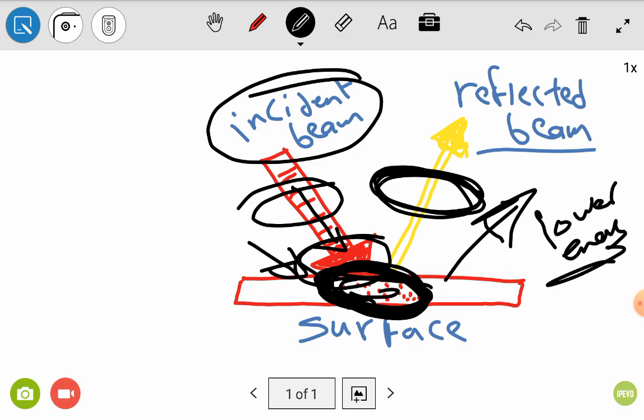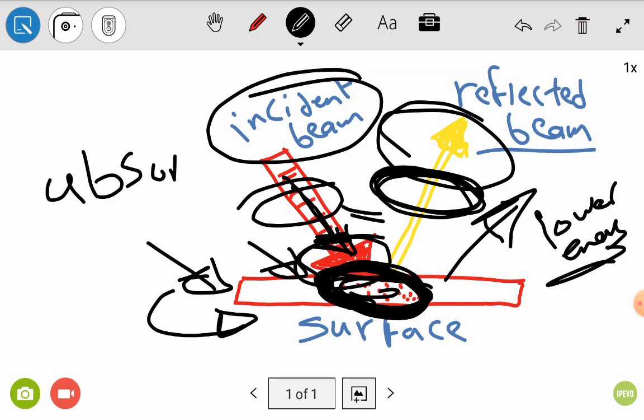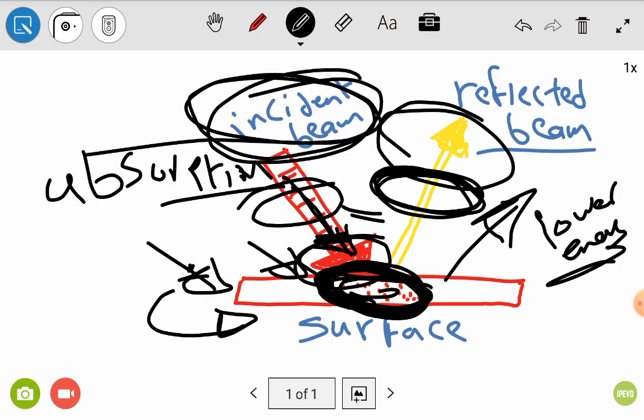So the amount of energy of the incident beam does not equal the amount of energy of the reflected beam, because a small amount of energy goes through the surface by absorption.